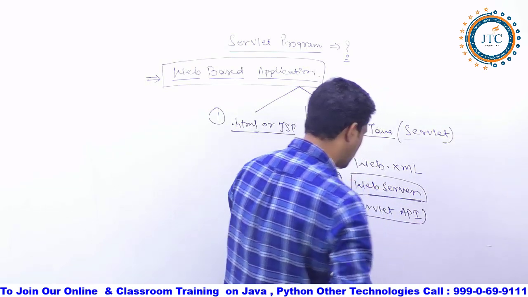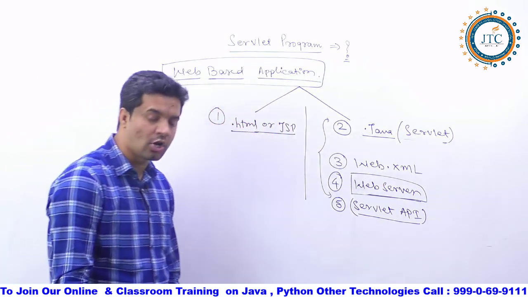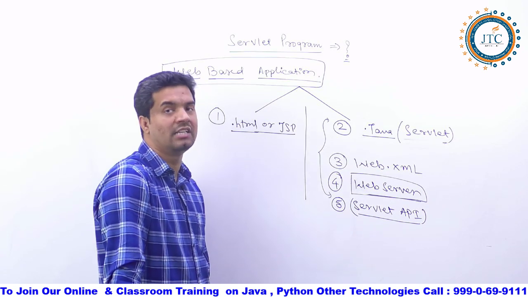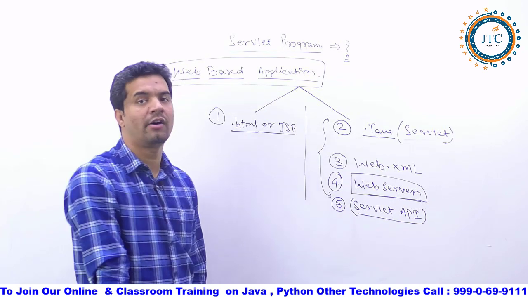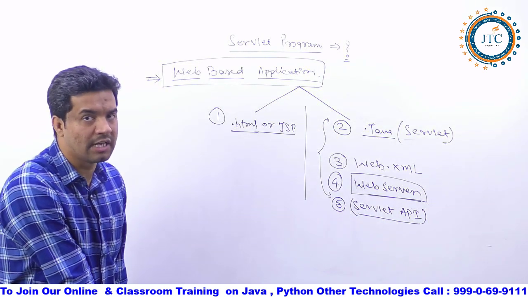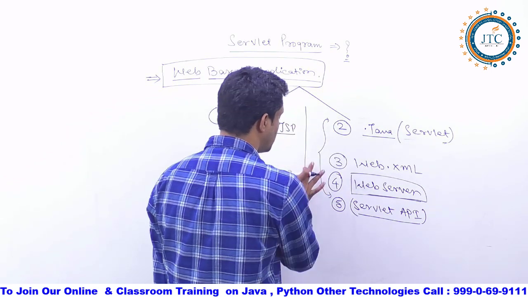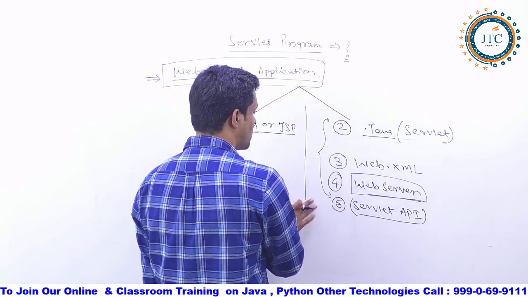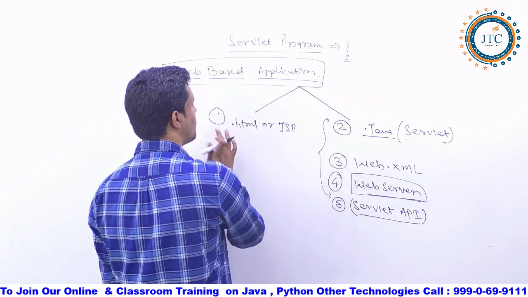I need it here. We need different sorts of servlet APIs in these cases. We are in need of different servlet APIs, guys, so the servlet API is somehow required here.